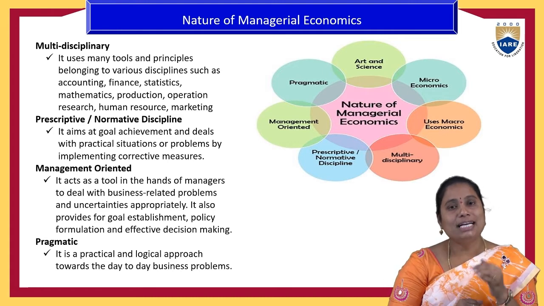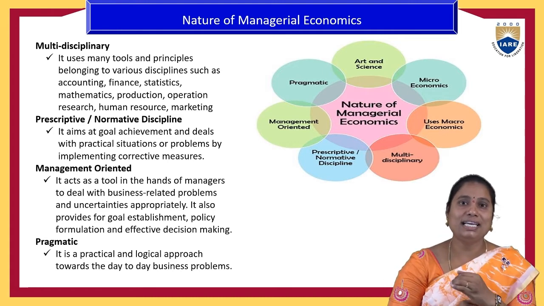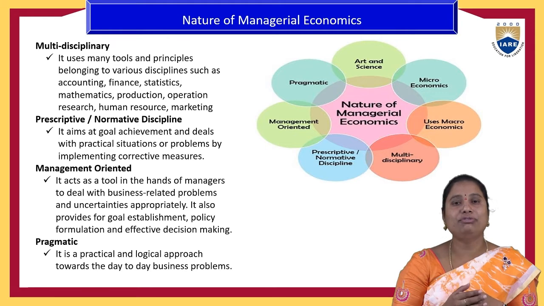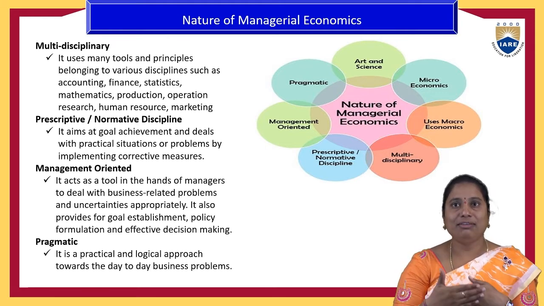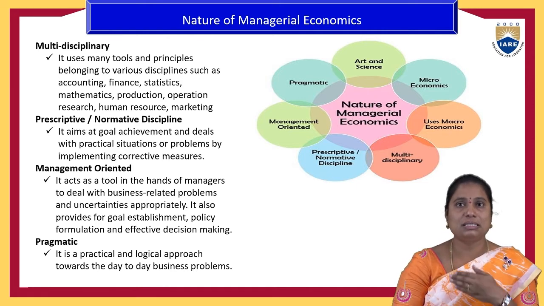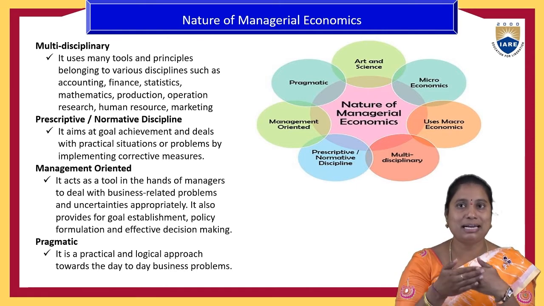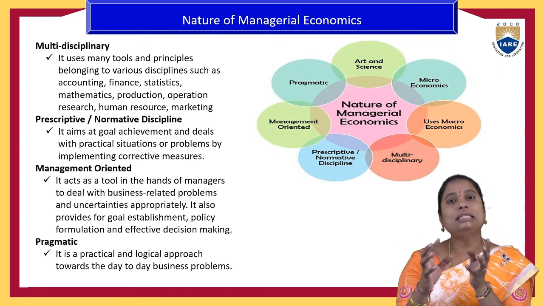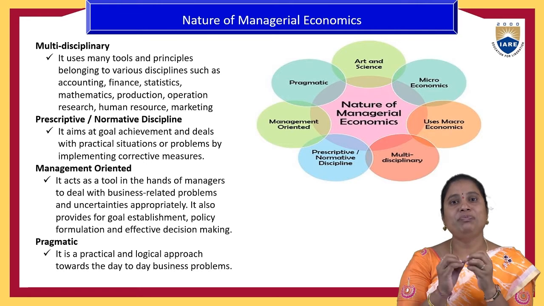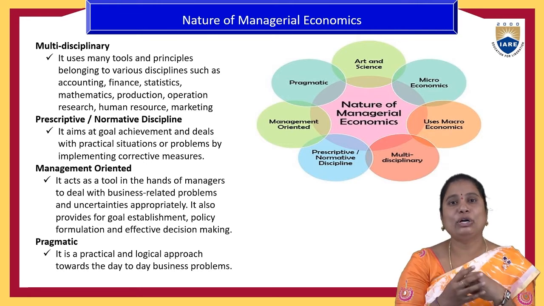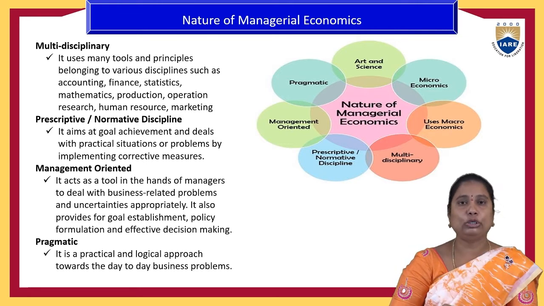So again its nature is using the knowledge of accountancy, finance, statistics, mathematics, production operations, research, human resources, marketing, etc. From all these different disciplines, he is getting the information to implement the best economic solutions.